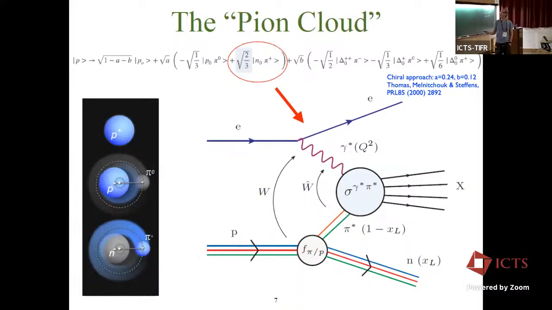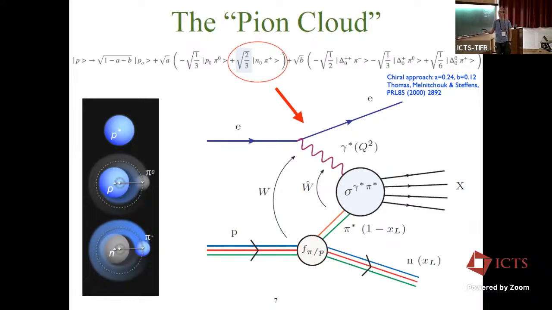In HERA, for example, we could measure the pion through so-called leading neutron events. These are events where the proton can fluctuate into different hadronic states, for example a pi plus and a neutron state.